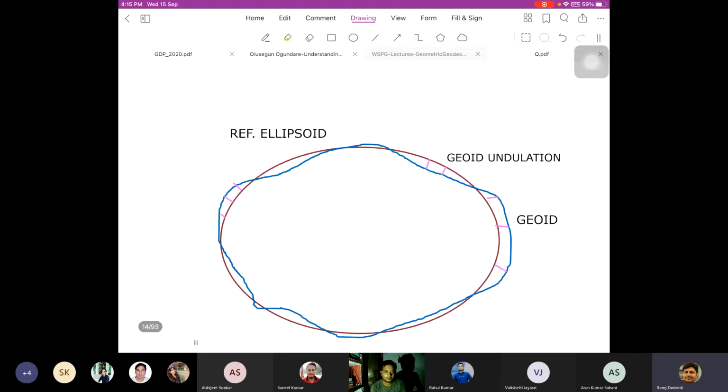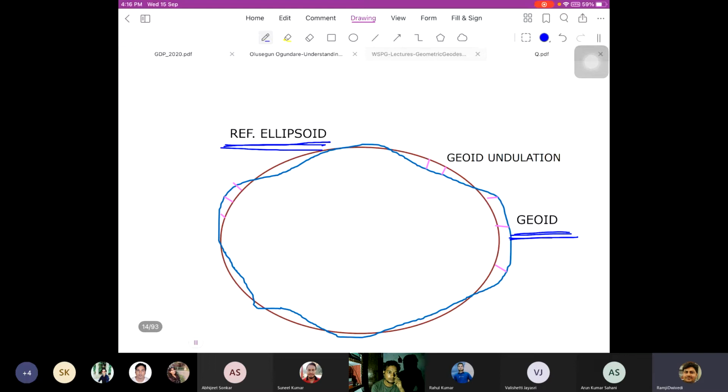There is another way by which you can best fit your earth. This is one case where you can represent the earth surface. One is by geoid, as I've told you, and it is, I would say, a physical surface. And there is another way scientists explain or define the shape of earth, by reference ellipsoid.